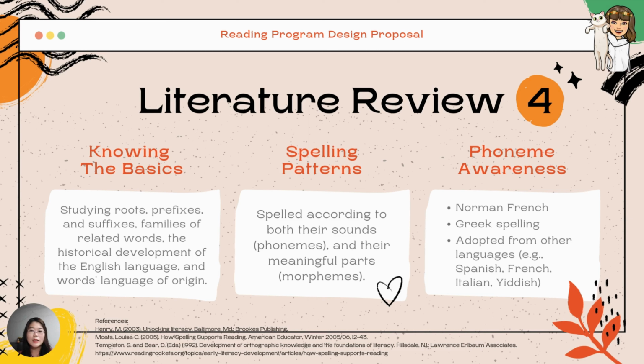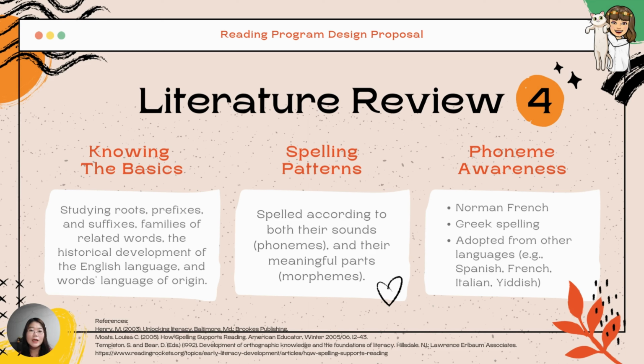And also we can let students develop their spelling patterns, both in their sounds, phonemes, and their meaningful parts, morphemes. And also phoneme awareness training is a very important tool for them to develop, because if they have different phoneme awareness, then that may vary their proficiency level.